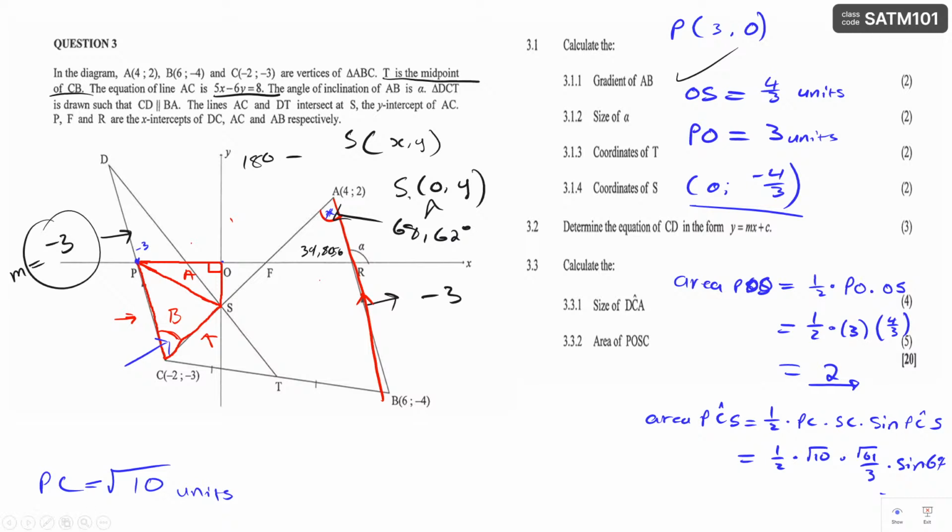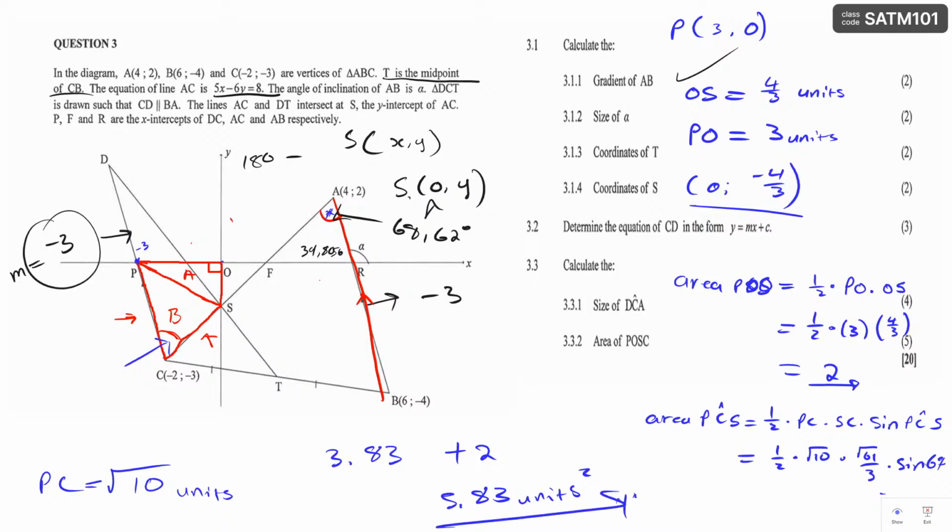So it's 1 over 2 times square root of 10 times square root of 61 over 3 times sine of 68.62. So here I'm getting 3.83. So you're also going to add this 2. Then your final answer is going to be 5.83 units square.